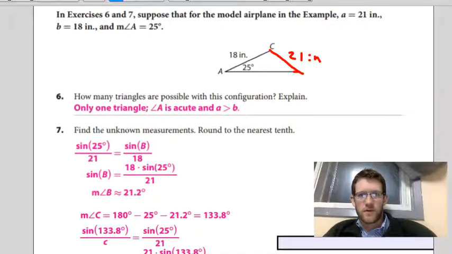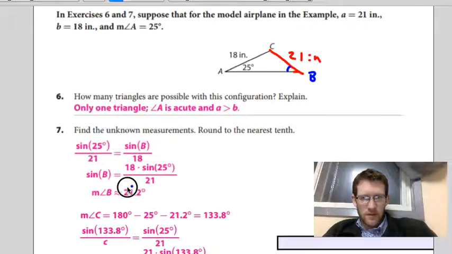Cool. So hopefully you used the law of sines to figure out the ratio of the sine of 25 over 21 is equal to, this is side B here, B. So hopefully you figured out what angle B was first, as 21.2.